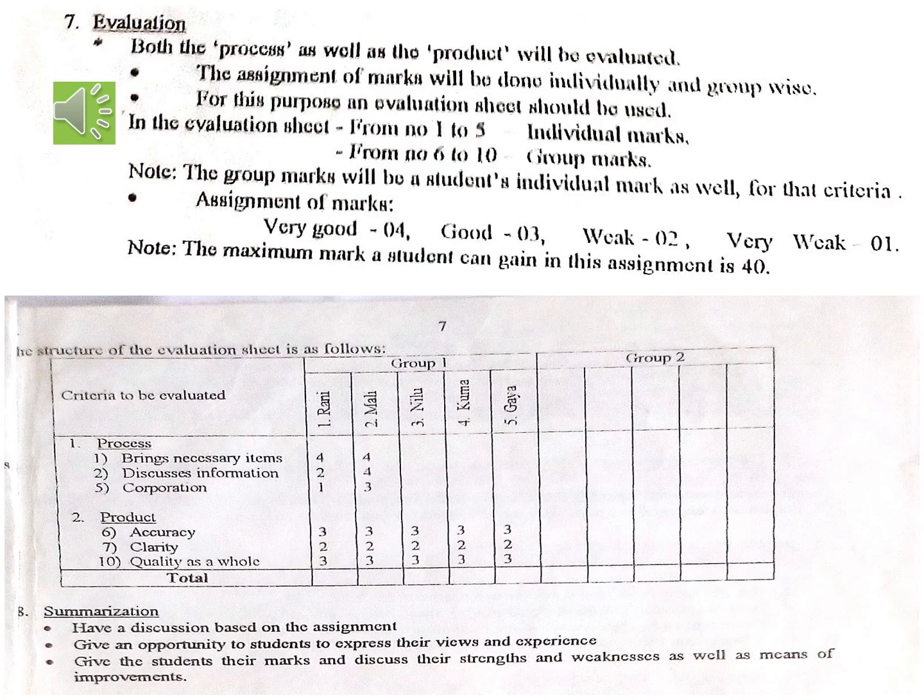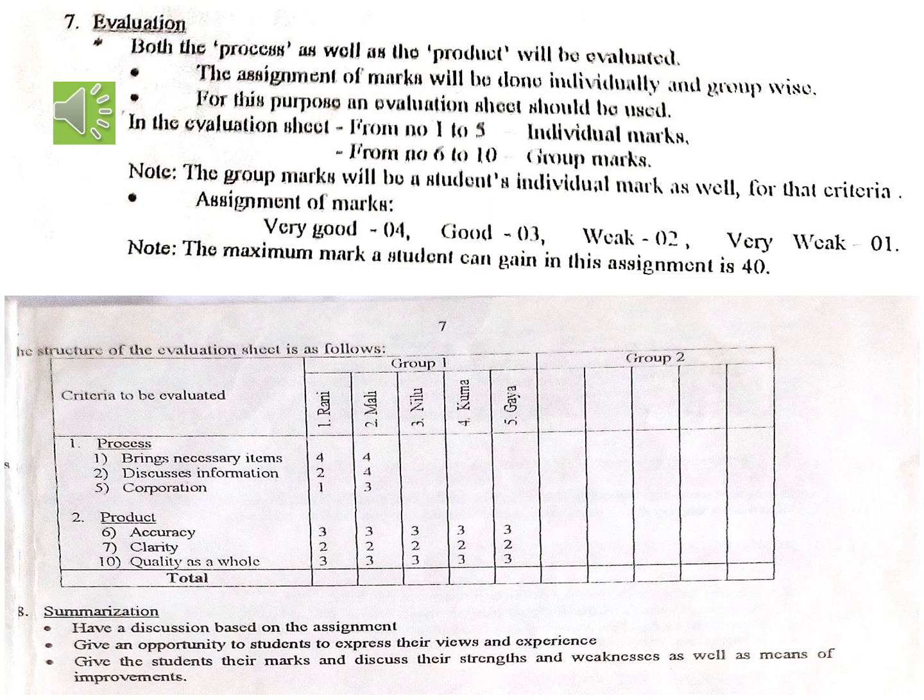Then in group 1, there are students. Here Rani, Mala, very old students, no? Rani, Mala, Nilu, Kumar, Gaya, right? Those are the students in group 1. Now what's the process? Number 1, brings necessary items.